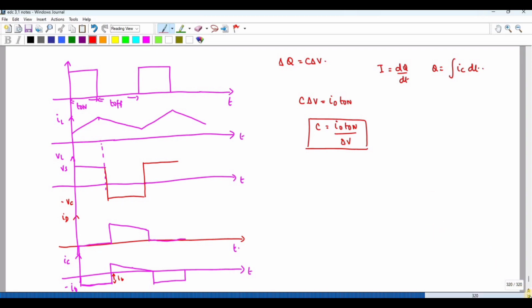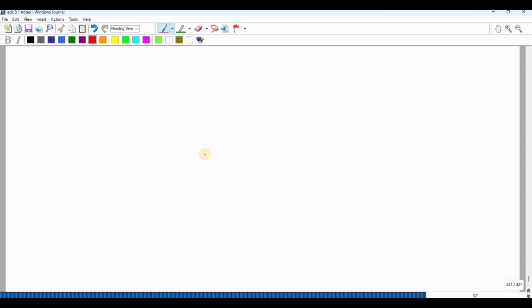Next let us discuss the applications of this buck boost converter. The first application is that it is used in consumer electronics.